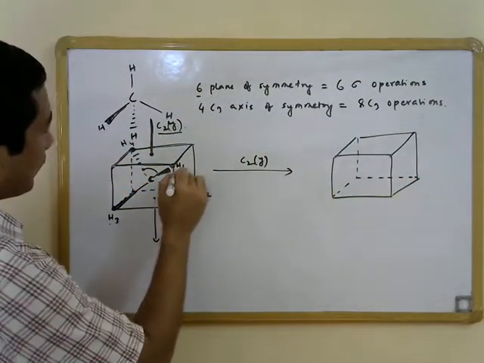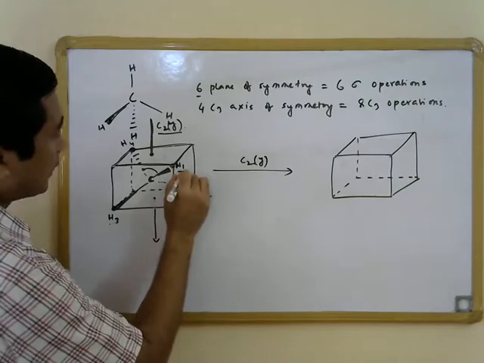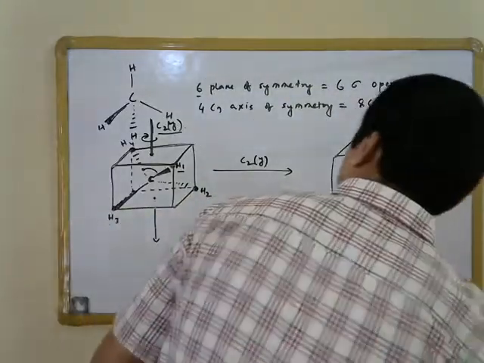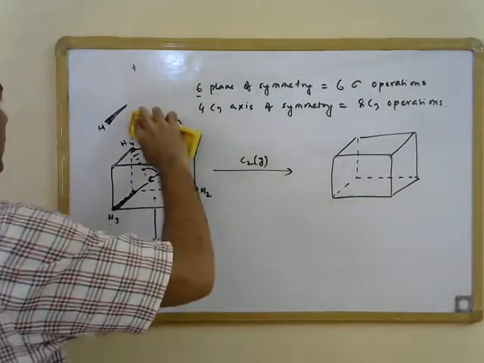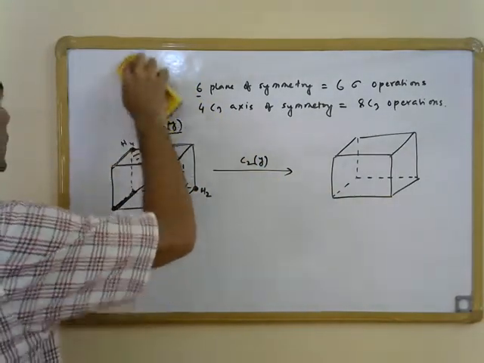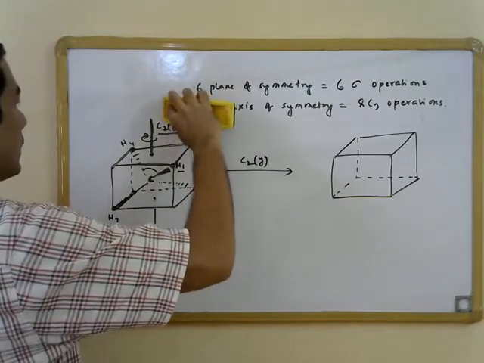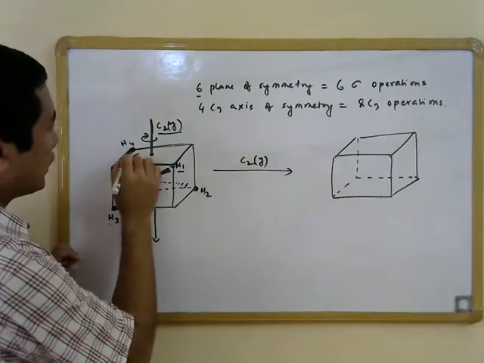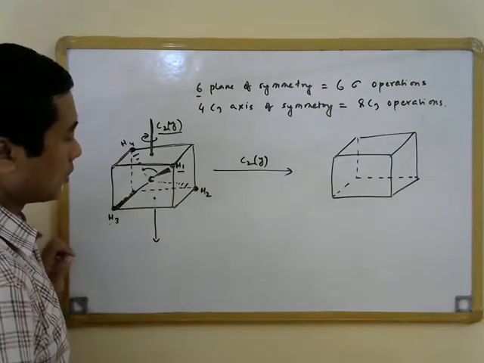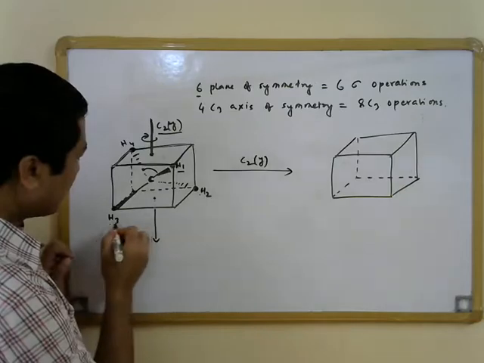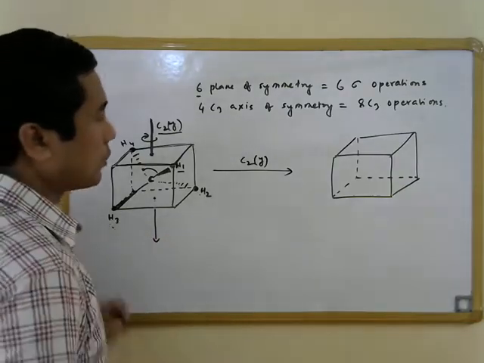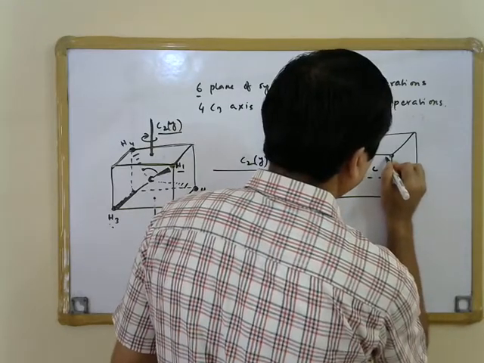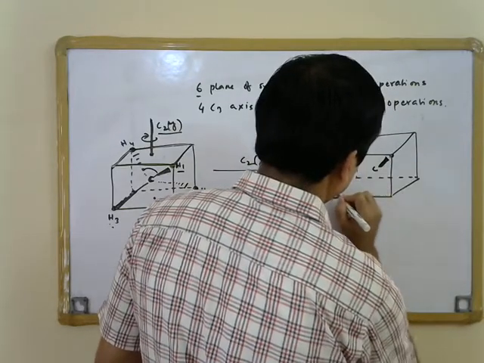So what will happen is that once we do C2 rotation with respect to this axis over here, H1 will reach the position of H4, while H4 will reach the position of H1. Similarly, H2 will reach the position of H3, H3 will go to the position of H2. So we can redraw the tetrahedron here.